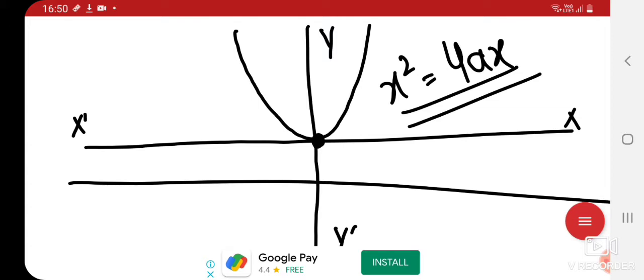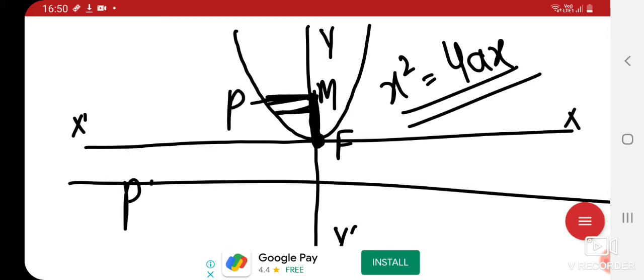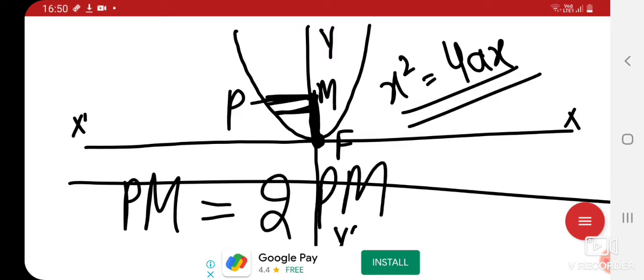So you know that the distance from here to here, we need to first of all draw the perpendicular, and then we know that the distance you are drawing from here must be double that of the distance you are drawing here. That means let's suppose this distance here is FM and the distance from here to here is PM. That means FM must be equal to double of PM.